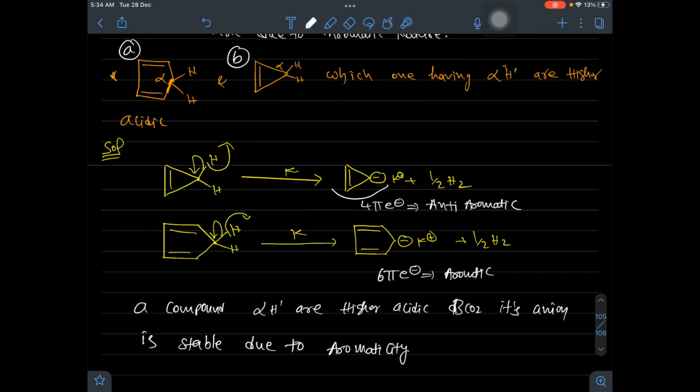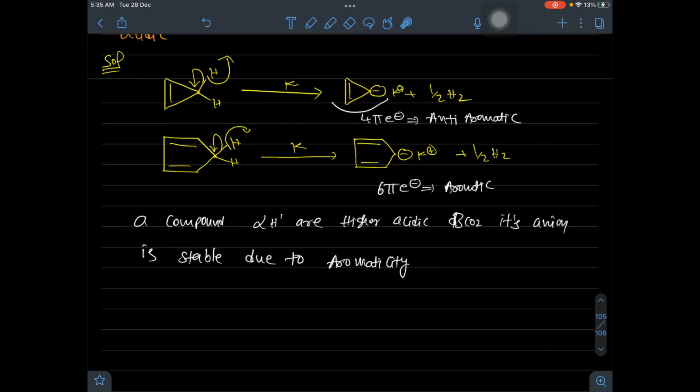So whenever the acidic nature of alpha hydrogens of cyclic compounds is asked, just remove the H plus ion and check whether the anion becomes aromatic or anti-aromatic. Based on that you will be able to predict which compound is more acidic. Aromatic anions make the compound more acidic, and those forming anti-aromatic anions make it less acidic. Okay.